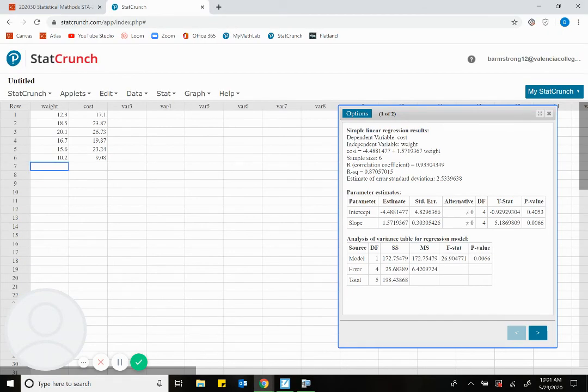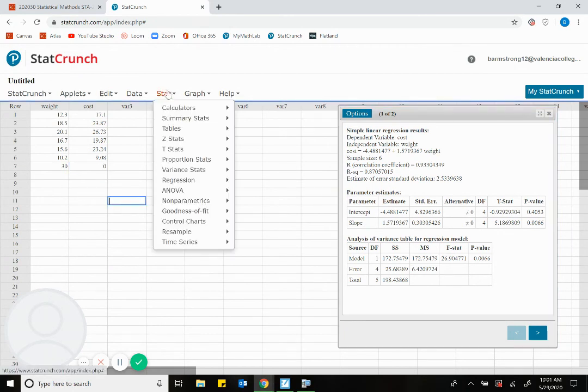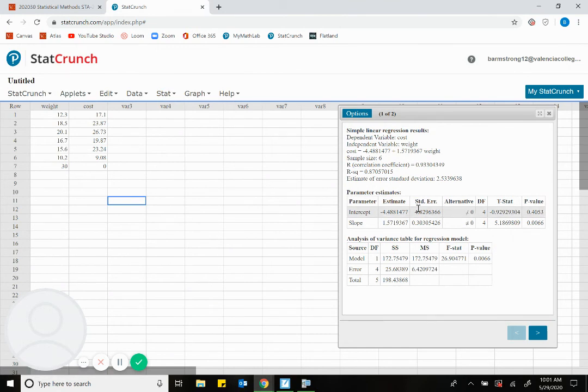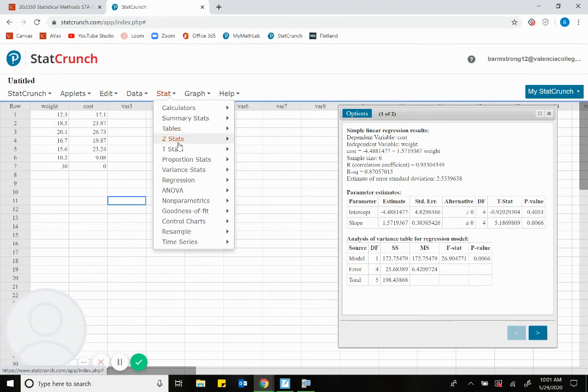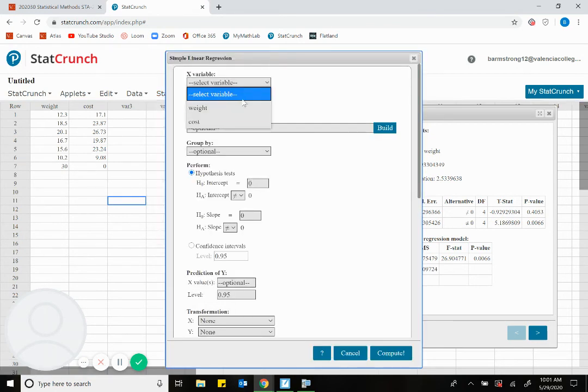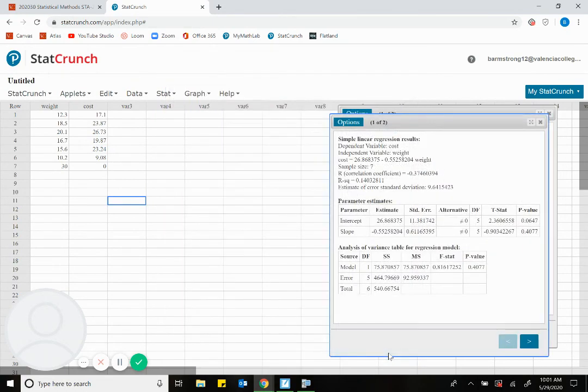So I can add in the weight of the 30-pound turkey and the price being 0 and create a whole new graph, but still keep what I already know. So that's why I like StatCrunch. So we're going to keep the weight, and we're going to put the cost, and we're going to compute.